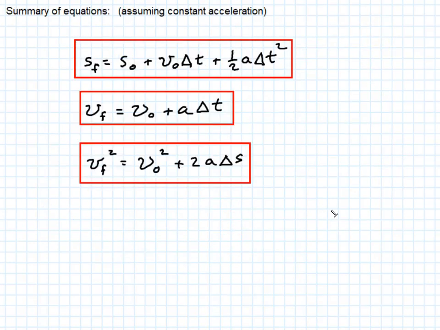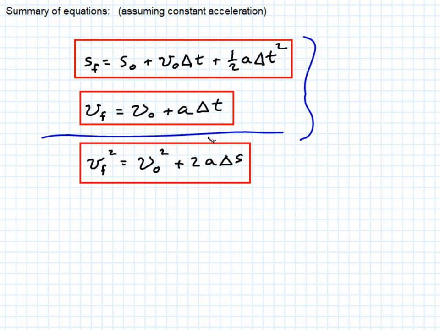Okay, here's the summary. We have these two independent equations, and this one is derived from the other two simply by eliminating time. So keep that in mind. These are not three independent equations. We only have two independent equations, and then a rewritten summary that's crunched out of the combination of the other two.